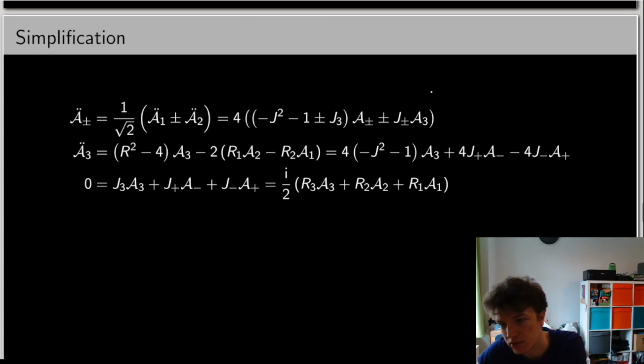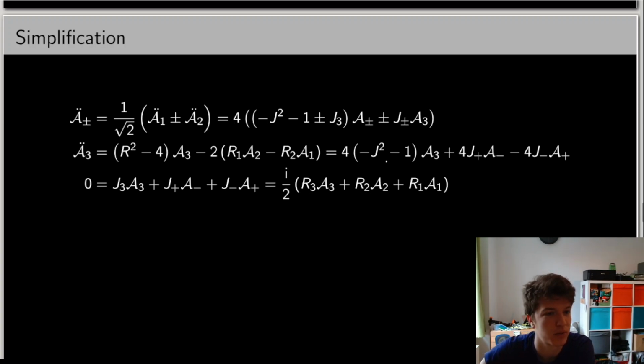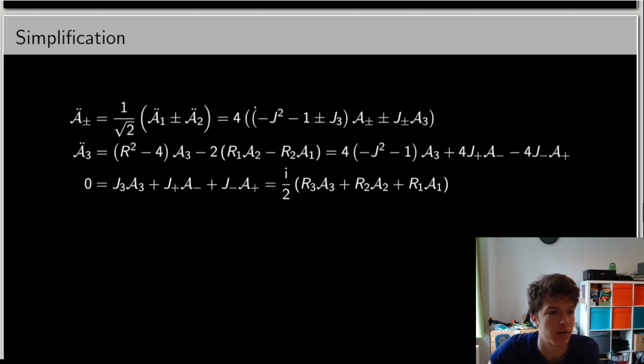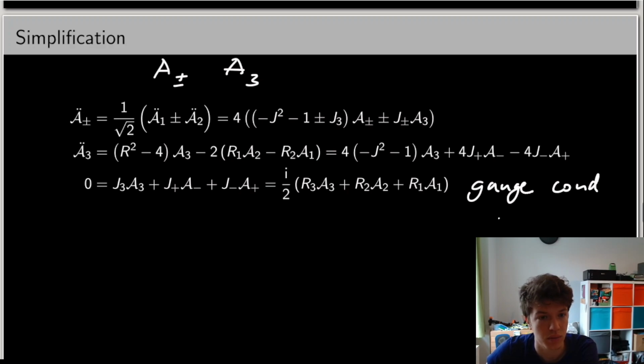And now, as we always do, we have introduced some more symmetric things, and we can now further simplify the equations from before. So these here, write it down in the new components, so for A plus, minus, and A3. And the third part is just the gauge condition, so the Coulomb gauge condition.